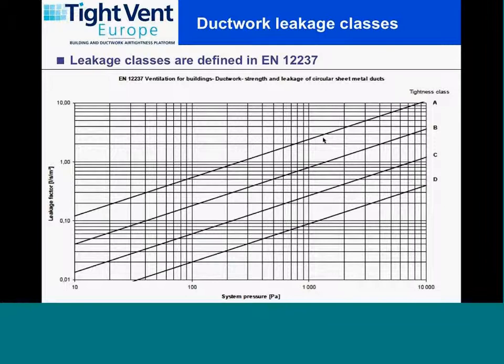Peter mentioned also that there are leakage classes that are defined in the European standard.